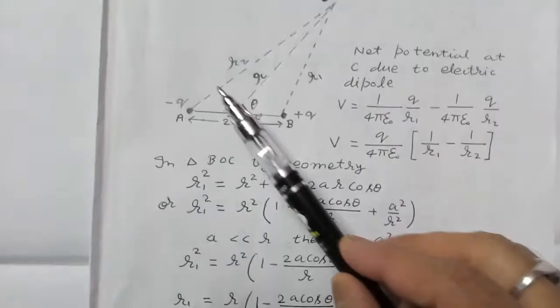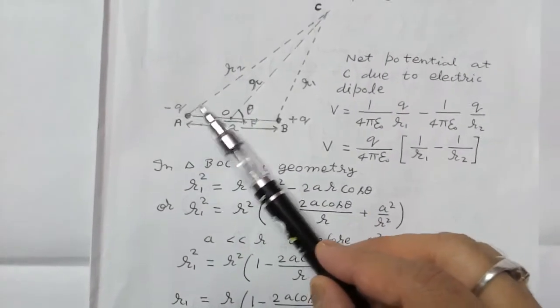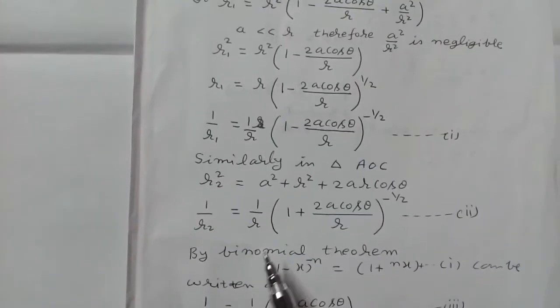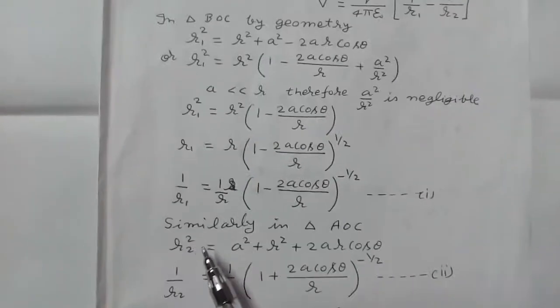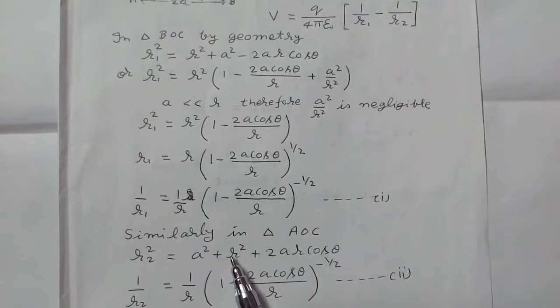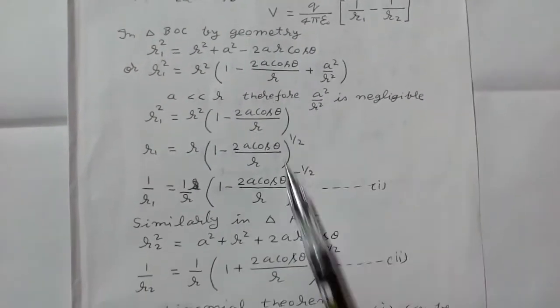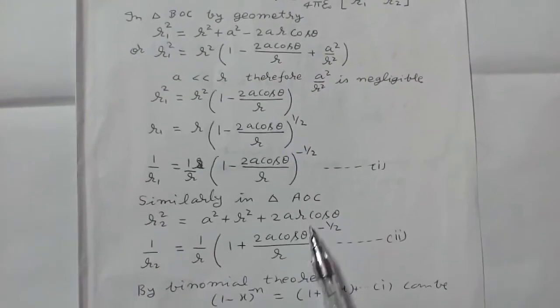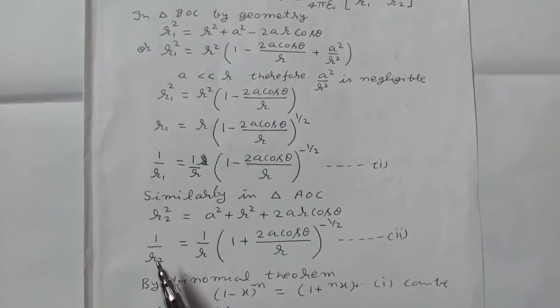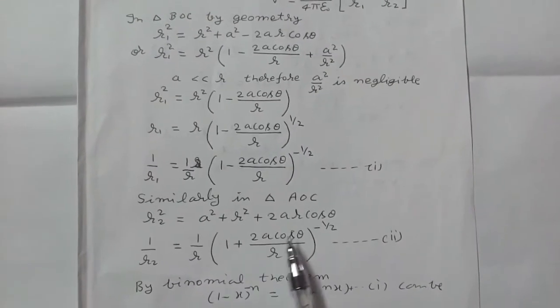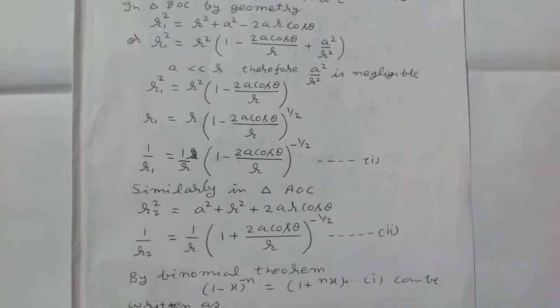Now similarly, take triangle ACO. In this triangle, R2 square is equal to a square plus R square plus 2aR cos theta. Solving with the same process, we get 1 upon R2 is equal to 1 upon R, in bracket 1 plus 2a cos theta by R, to the power minus half.